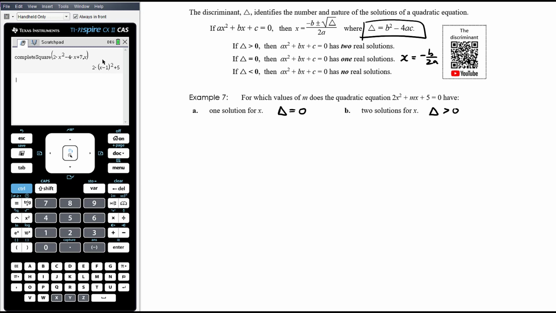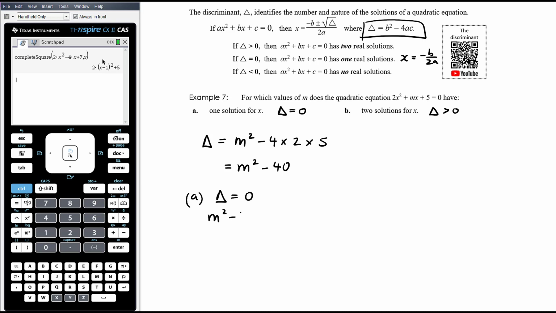So the first thing we want to do to answer both of these questions is to find the discriminant. So the discriminant is going to be b squared, in this case b is m, so it's going to be m squared minus 4 times a, which is 2, and c, which is 5. So discriminant is m squared minus 40. Okay, so for part A, we want to know where the discriminant is equal to 0.